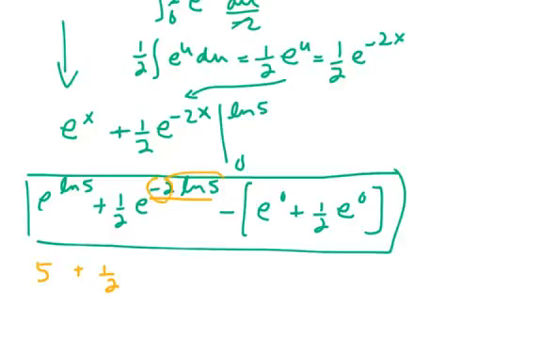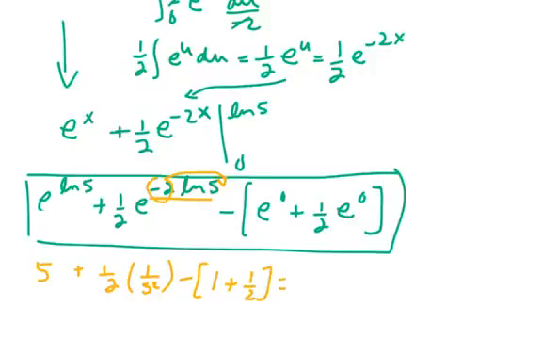If you move this up to your exponent, you're left with e to the ln of 5 to the negative 2, which is just 5 to the negative 2, and 5 to the negative 2 is just 1 over 5 squared. Minus e to the 0, which is 1, plus 1/2 e to the 0, which is 1/2.